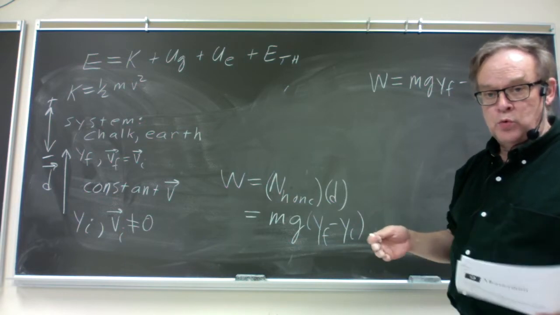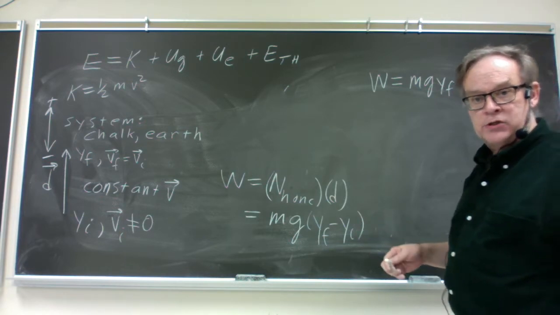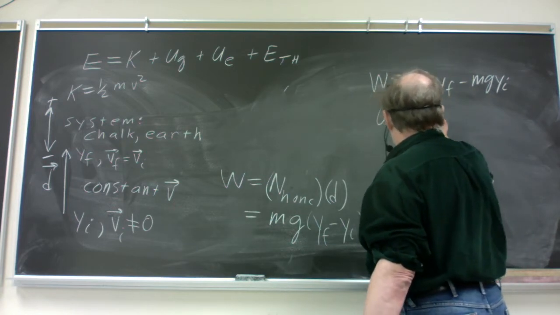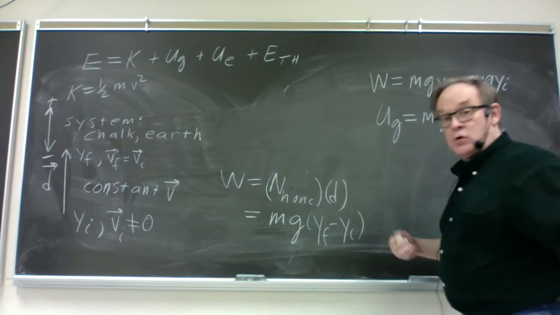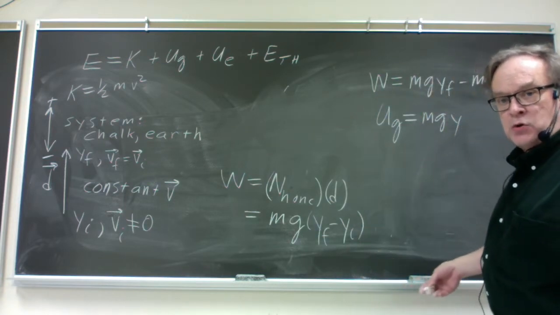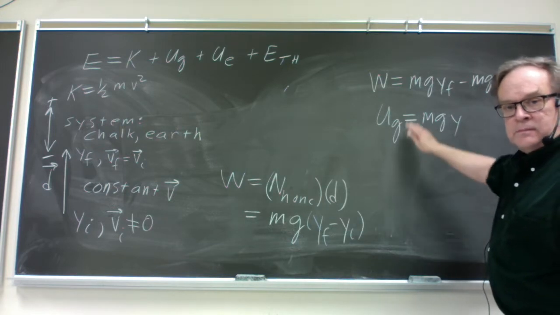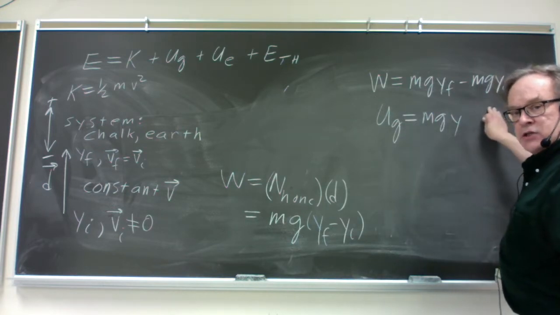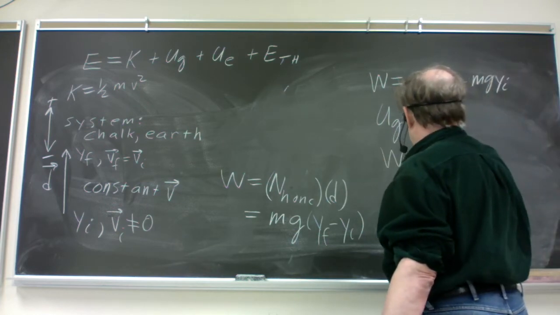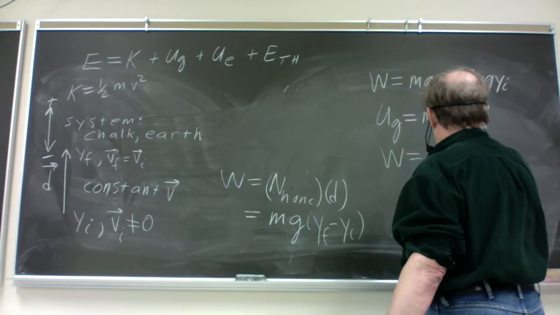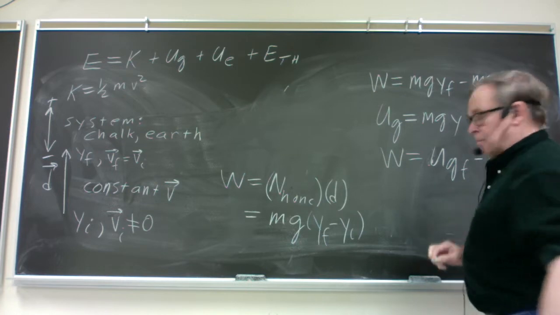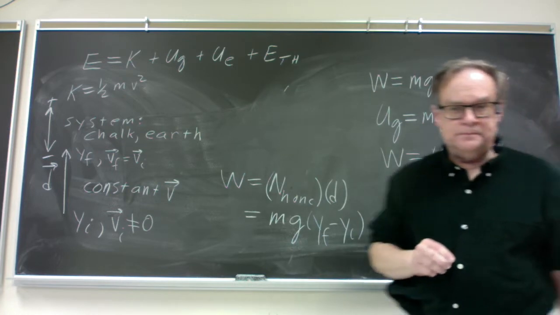And our rule for calculating gravitational potential energy looks just like this. Gravitational potential energy is mass times g times whatever the elevation is. So this is just final minus initial gravitational potential energy. The work done is just final minus initial gravitational potential energy.